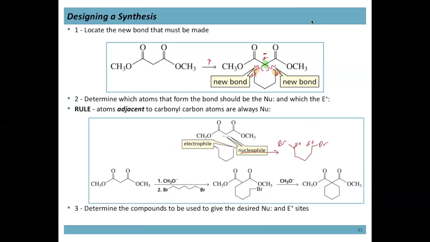Those of you playing along at home, let's see if you can figure out what would be the product of this reaction here if I took H3O plus and some heat.